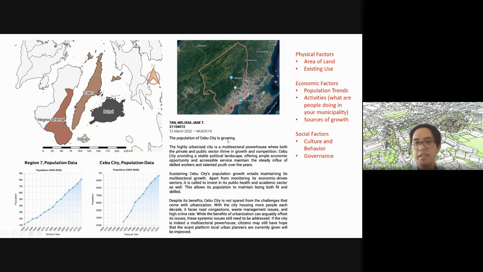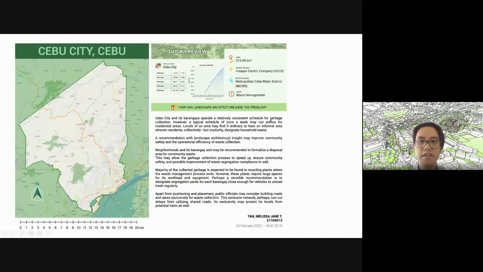Okay. Then moving over here. Cebu City's population is at 964,000 exactly. Cebu City and its barangays are relatively consistent in their schedule for garbage collection. However, the typical schedule of once a week may not suffice for residential areas.